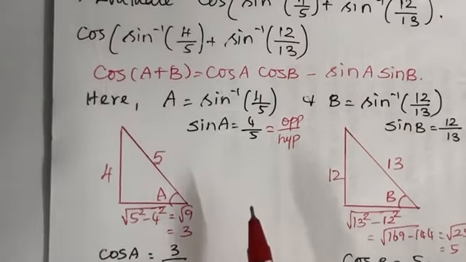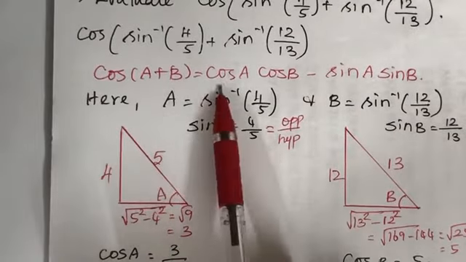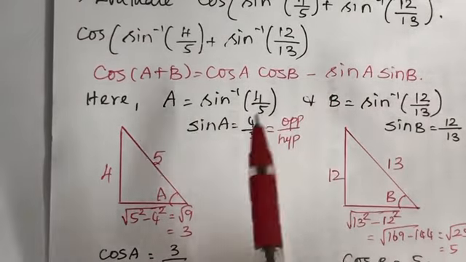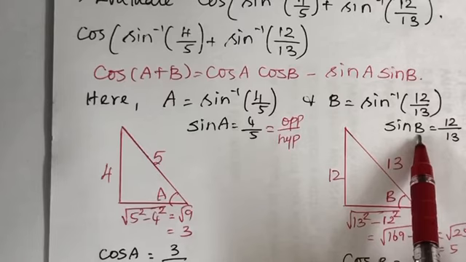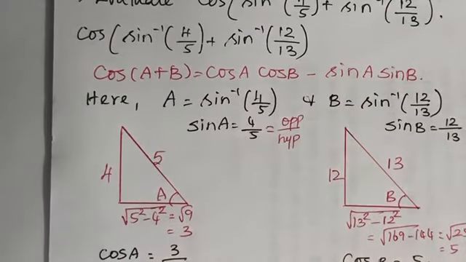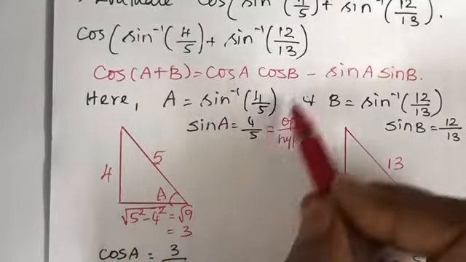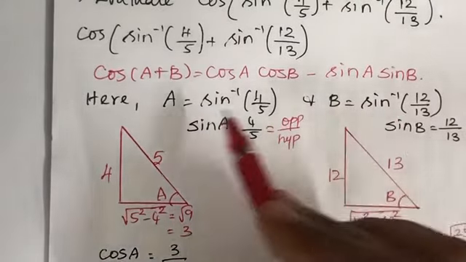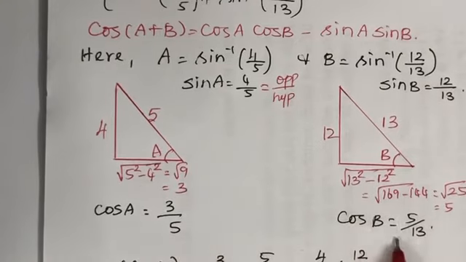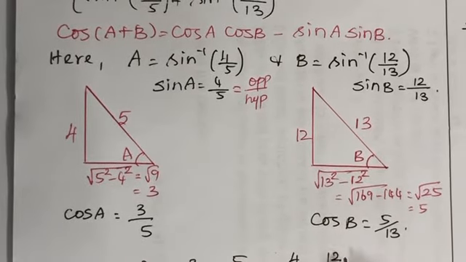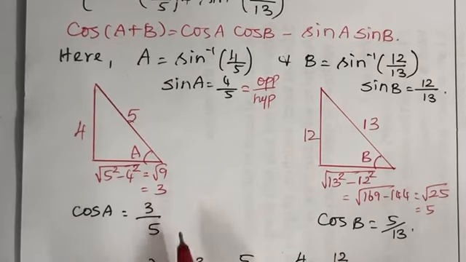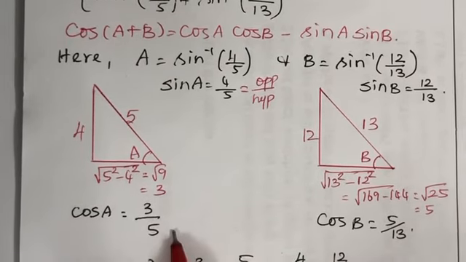Because cos A plus B is equal to cos A cos B minus sin A sin B. Sin A and sin B we have, but we need cos A and cos B to substitute in this formula. So, using these two values, A and B, I am finding cos A and cos B also. So cos A equal to 3 by 5, that is adjacent by hypotenuse.